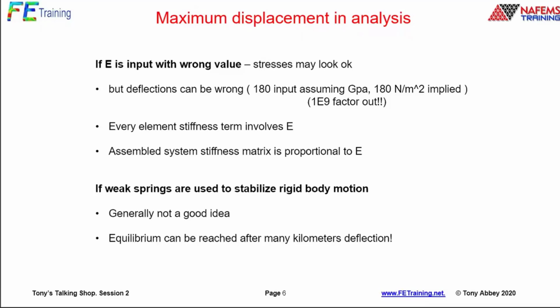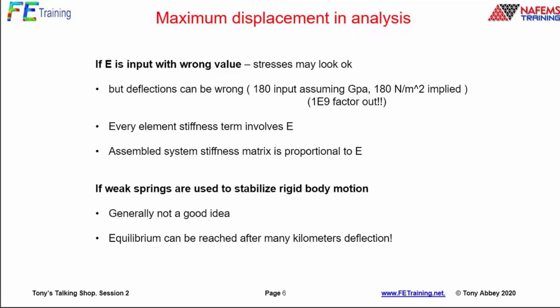You've implied 180 newtons per meter squared, and it's actually 1e9 that is required. So you're a factor of 1e9 out, and that's going to be a huge deflection. If it's too small, that's where your CNC machining machine is going to start deflecting as if it was an Airbus wingtip.